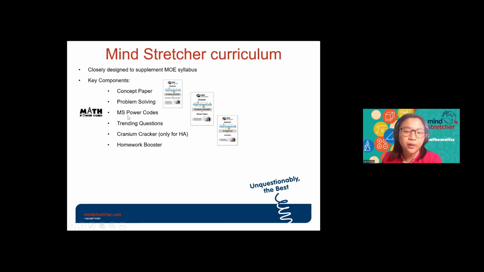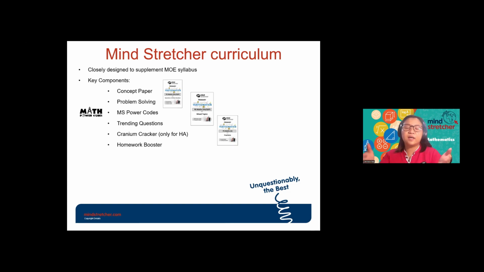We also have trending questions where we modify recent PSLE questions that are trendy, that you usually don't find in the concept paper or problem solving. That training question part is to prepare you for the non-routine type of question.